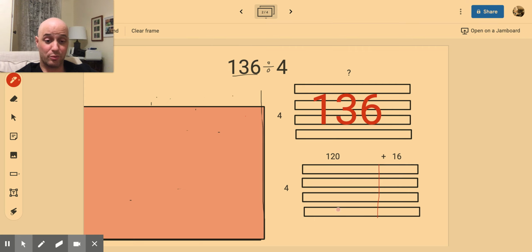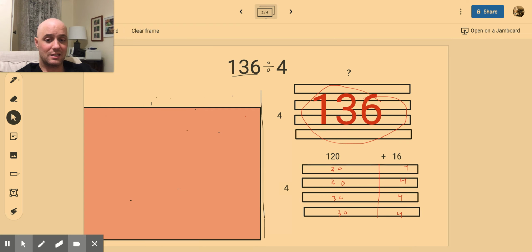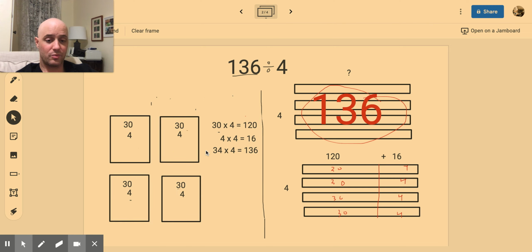In these 4 groups, we put in 30, 30, 30, and 30, and then 4, 4, 4, and 4. We have done 34 four times, and that will altogether equal 136. It is not too different from the other way. This way is just more similar to the way that we multiplied a little while ago.